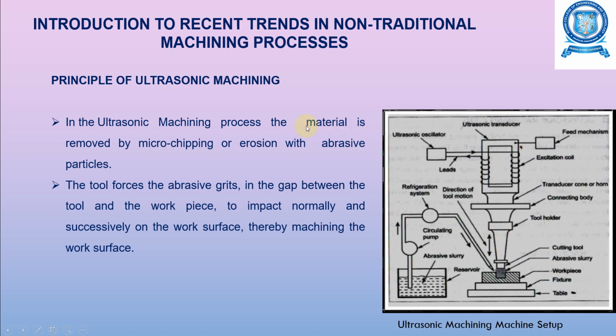In this machining process, the material is removed by microchipping or erosion with the abrasive particles. So this tool would force the abrasive grains in the gap between the tool and the workpiece that would impact normally and successively on the work surface, thereby machining the work surface.